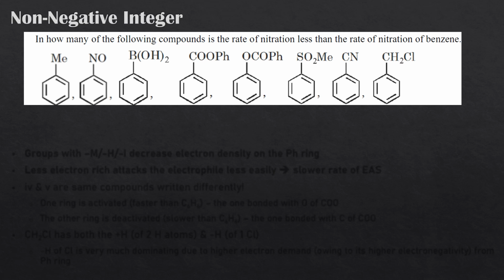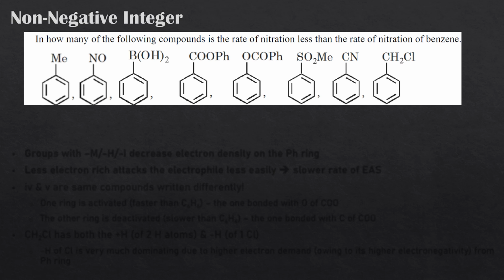Hello everyone. Now we are going to discuss this question from the EAS reaction, which is going to be a comparison of the rates of nitration for the different benzene rings. So EAS is electrophilic aromatic substitution, where a hydrogen atom of the benzene ring is substituted by some electrophile.